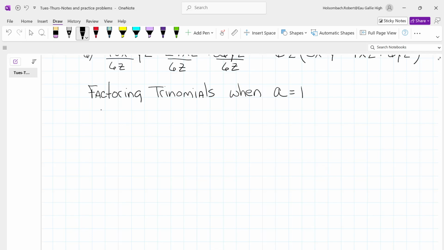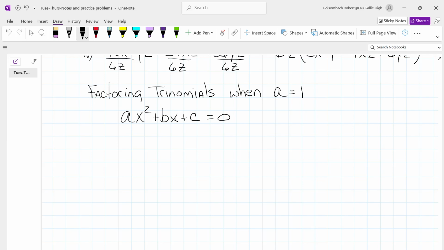And what that means is when a trinomial is in standard form, it looks like ax squared plus bx plus c equal to 0. And what we mean by factoring trinomials when a equals 1 is that the value in front of the x squared is a 1. All right?